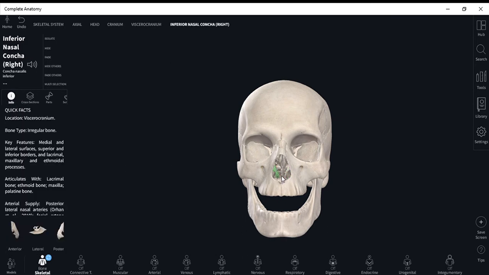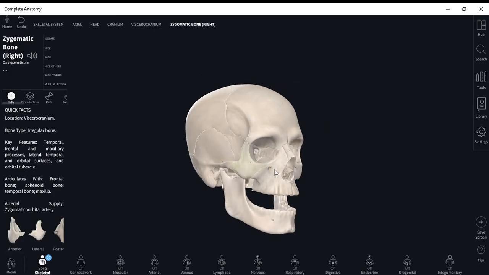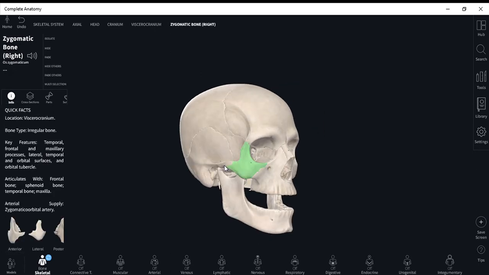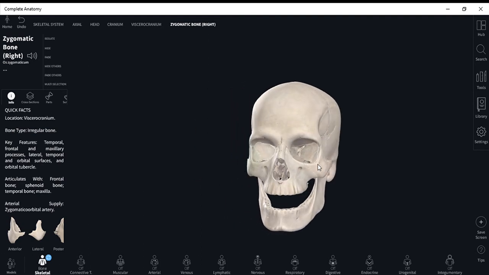We've also got the zygomatic bones, which again are paired. Where my mouse is hovering right here is known as the zygomatic process, but it's actually part of the temporal bone. That's a bit tricky to get your head around, but that's alright. And as you can see, it's here again, so it's paired.